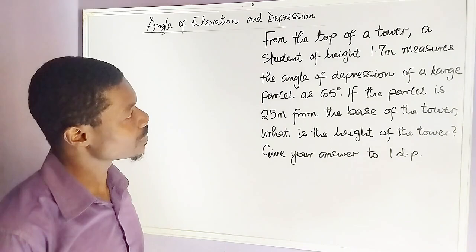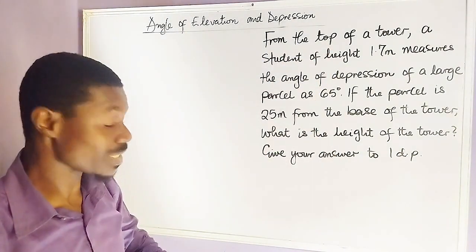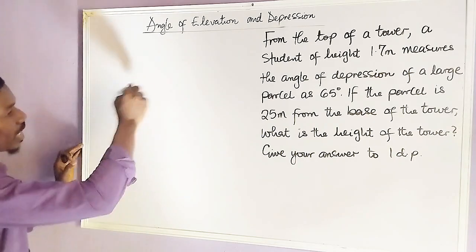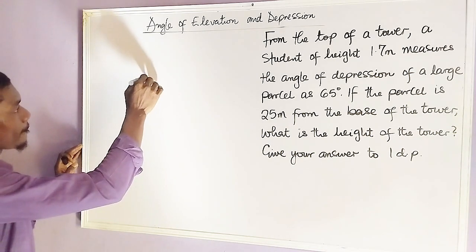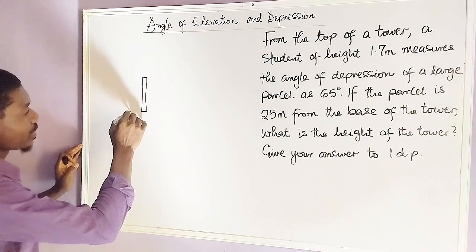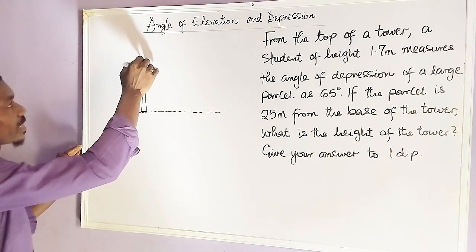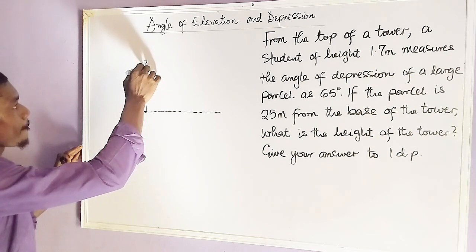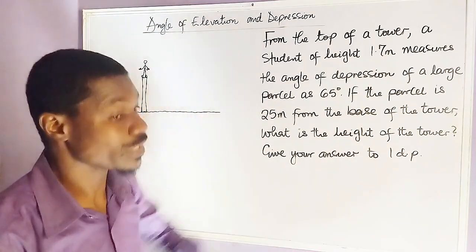We are told here that from the top of a tower, which implies that there's actually a tower. Let's say here is the tower, and the ground, and this guy stands here. We are told that the student height is 1.7 meters.